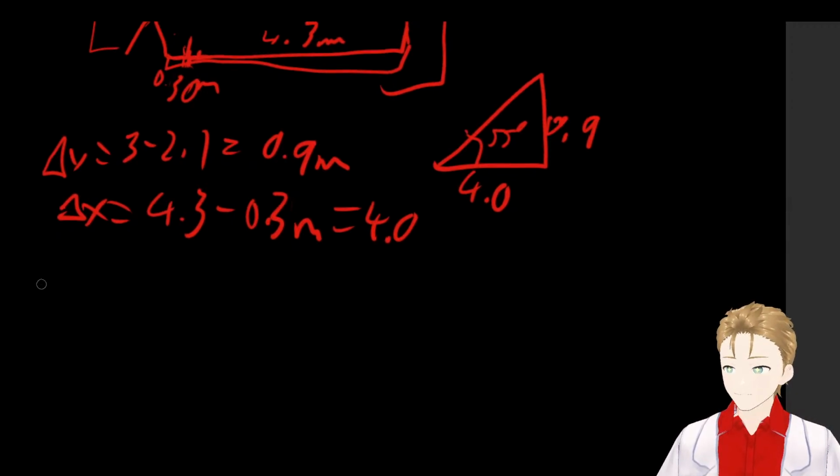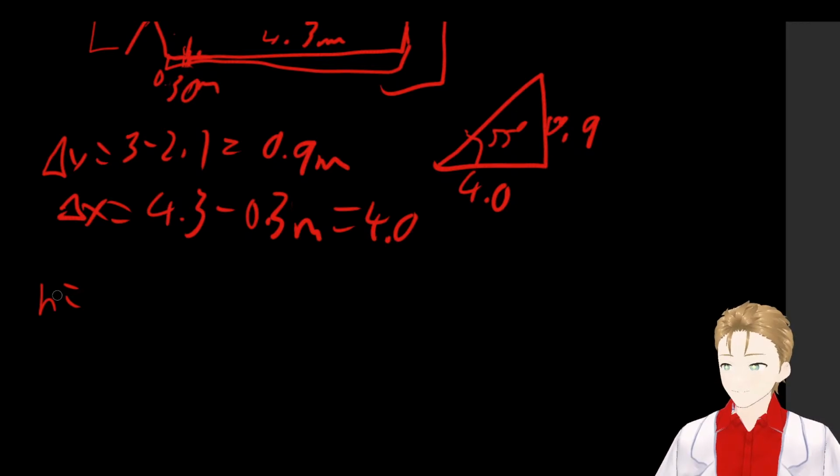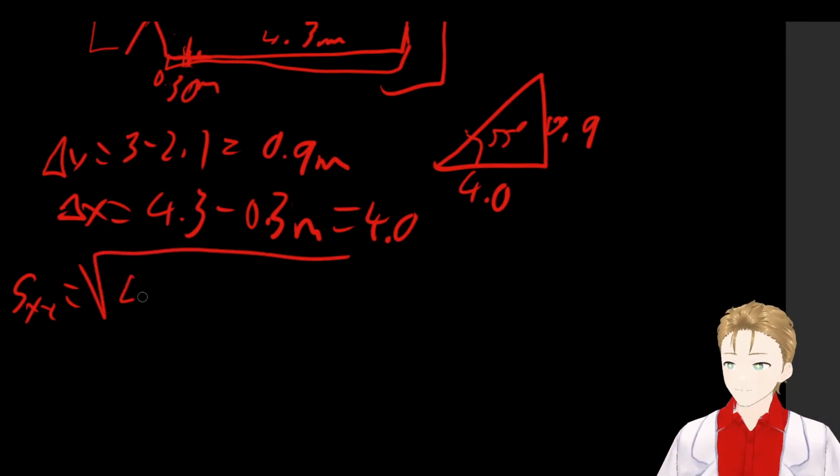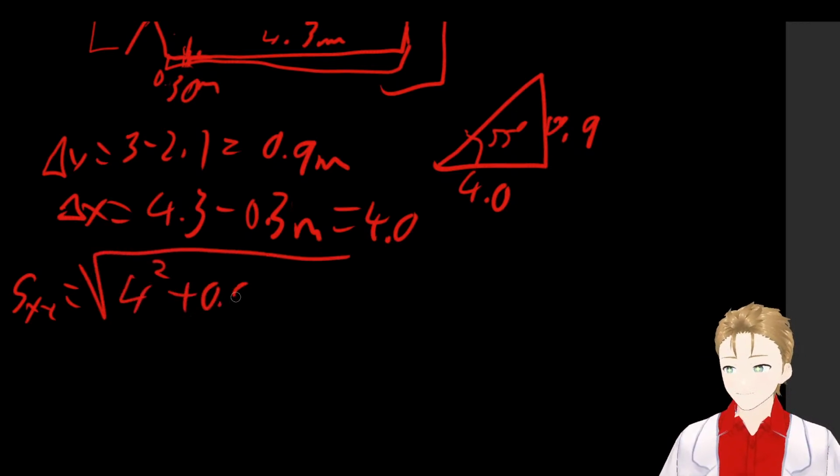So h equals the square root of 4 squared plus 0.9 squared.